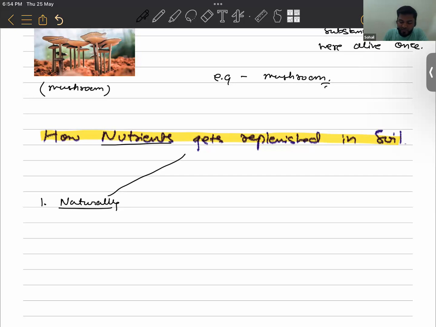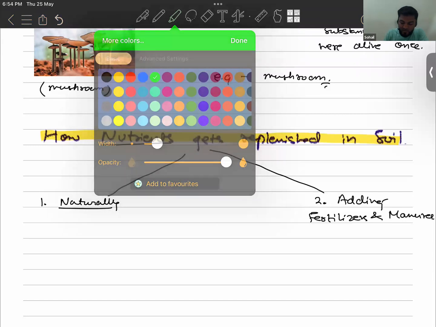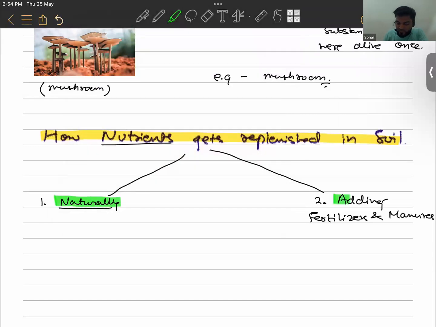So one method is by taking the natural step, and another method is by adding fertilizers and manures. Okay. Now, when I say that we take the natural step, what do I mean here? Have you heard of those plants which are able to fix atmospheric nitrogen into the soil?